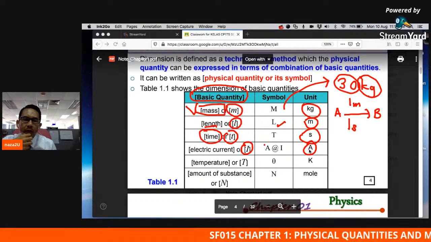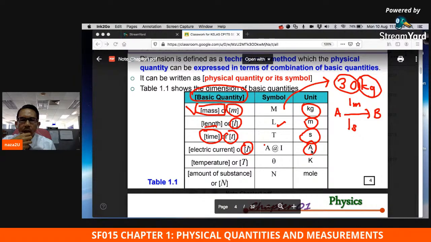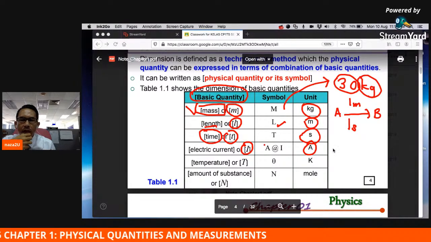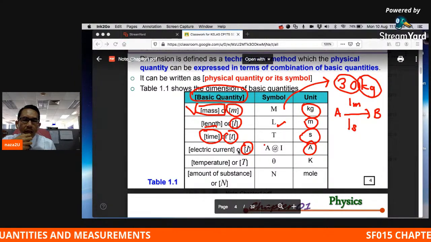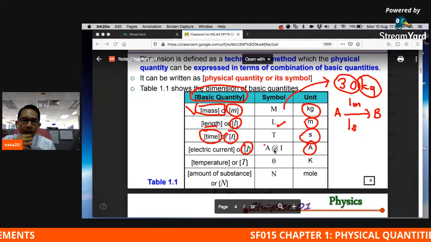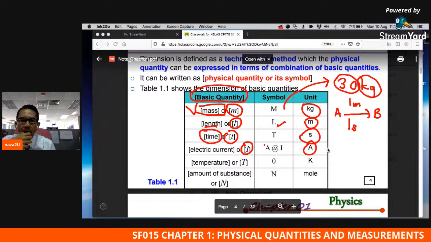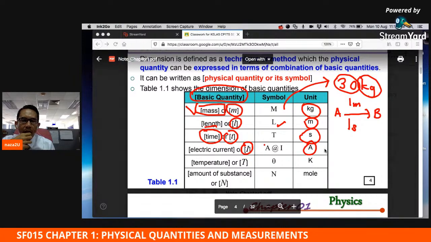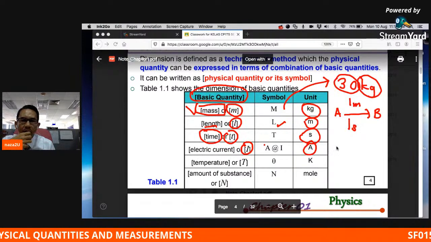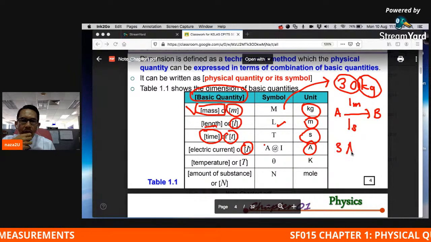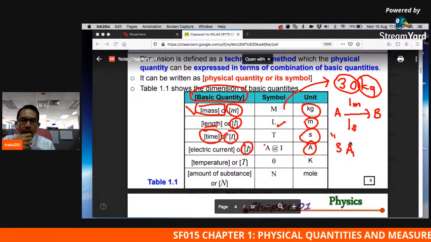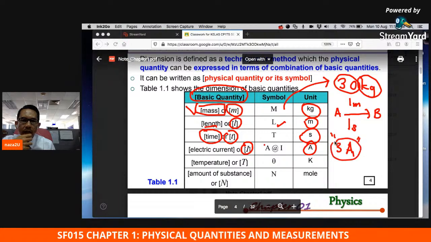So maybe in the lab or physics experiment, the unit ampere can be used to measure the magnitude of the current flow in the circuit. Like say it is 3 ampere, right? So this is how you can measure the current flow in the circuit.